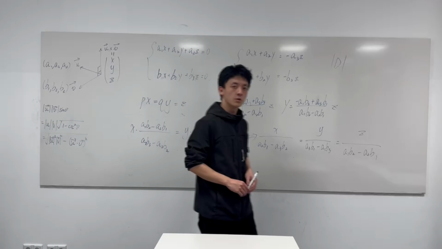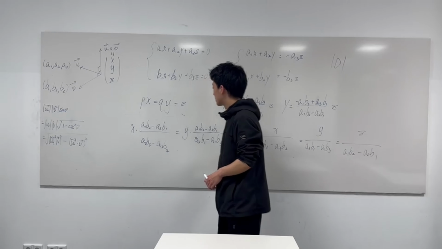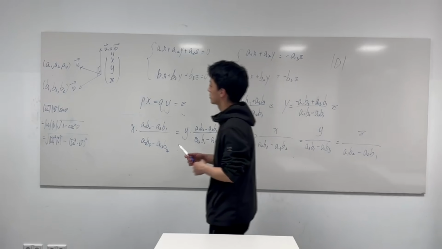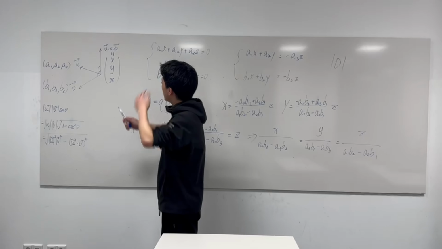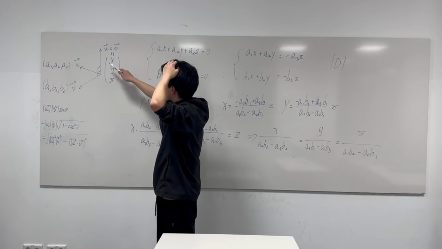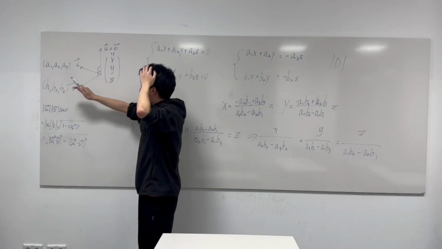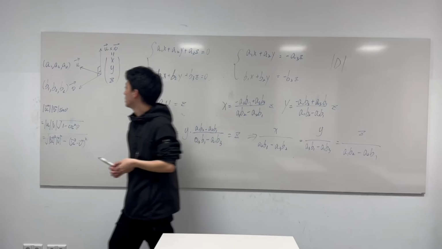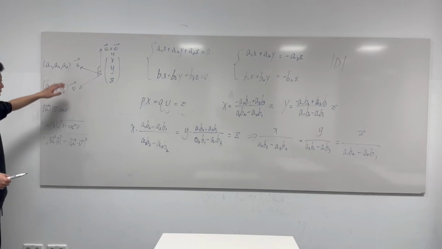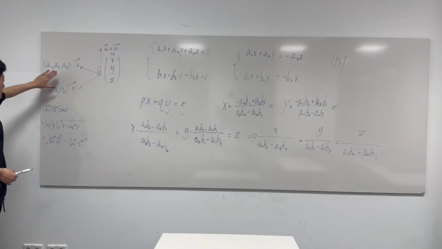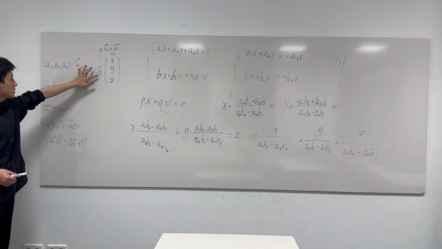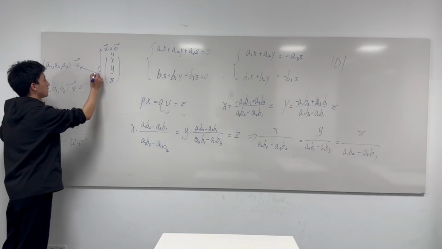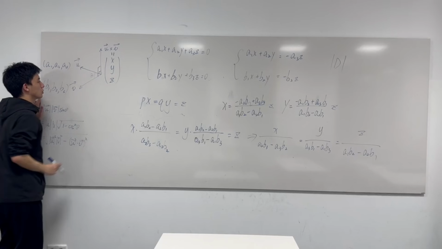So guys, we have to remember there's another restriction. The length of the result vector is equal to the area of the parallelogram these two vectors form. The area of the parallelogram is equal to the length of this vector times the length of that vector times sine theta between the two vectors.